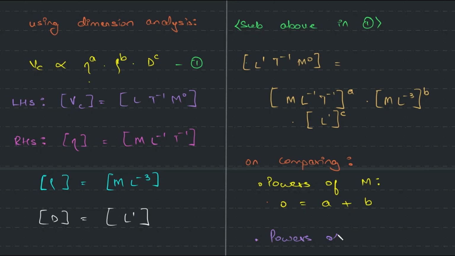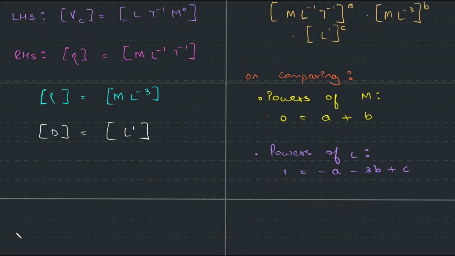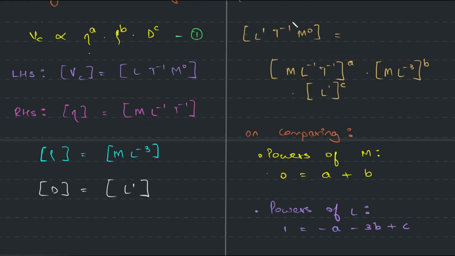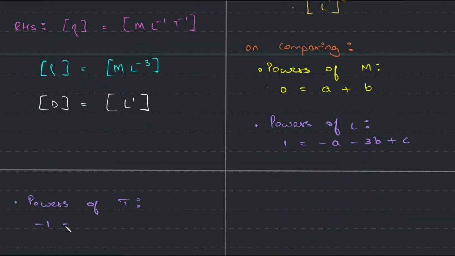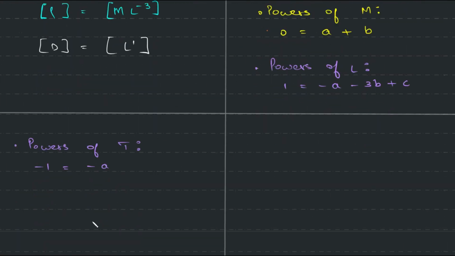And powers of L: 1 is equal to minus A minus 3B plus C. And powers of T: we are looking at minus 1 equals minus A. Okay, we got the value for A.